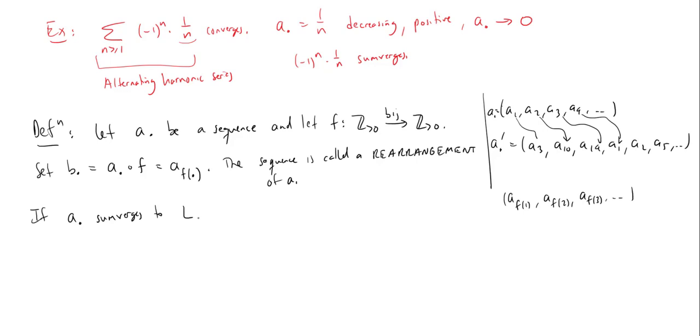It turns out that if a just converges to L, that doesn't tell me enough to say anything about b. But if I go back here and add in that a converges absolutely to L, then it does not matter how I rearrange it, b also converges to L. In fact, it'll converge absolutely.